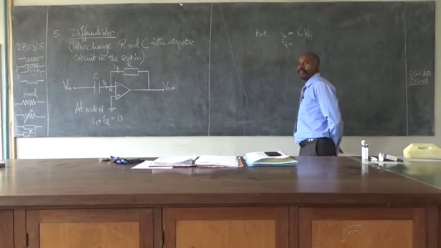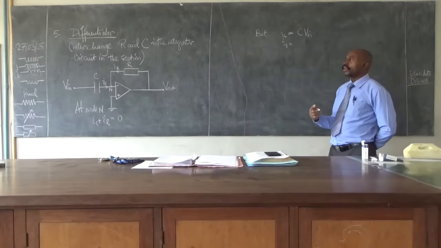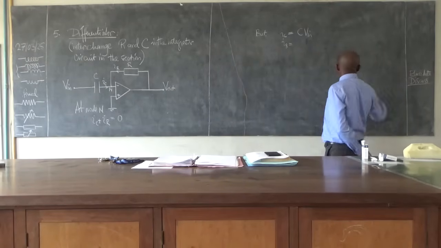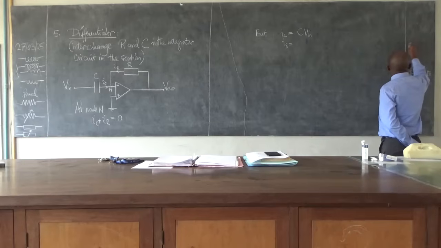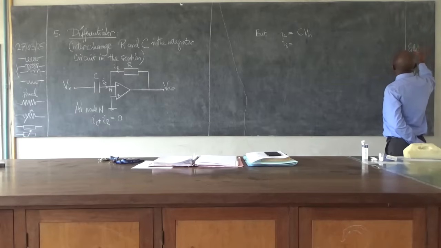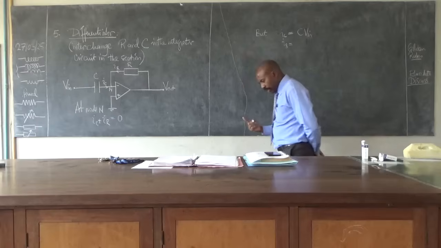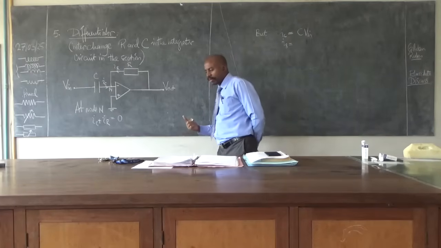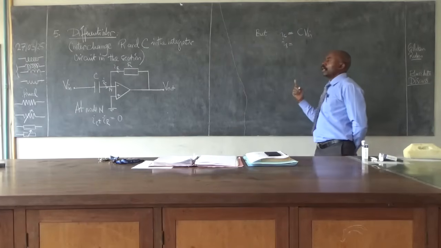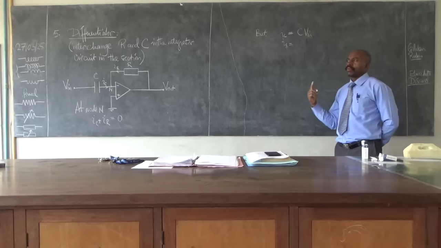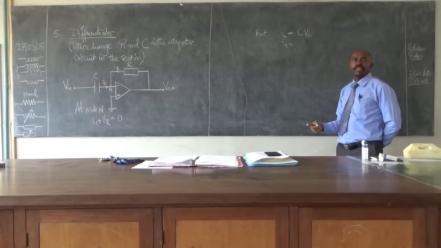This is emanating from what they call the golden rules. The golden rules are the assumptions we had. It is infinite amplification. Then we have infinite input resistance and negligible output resistance.